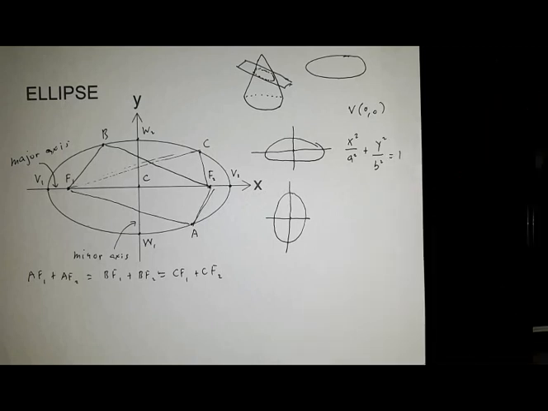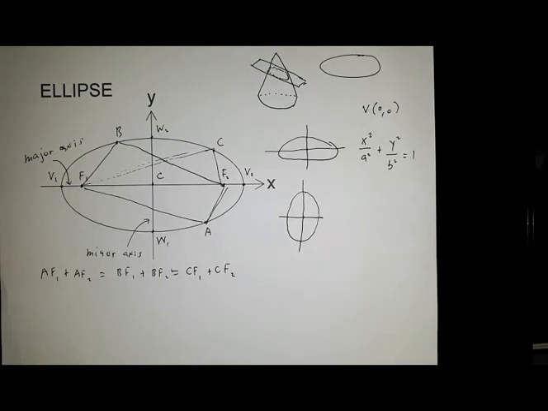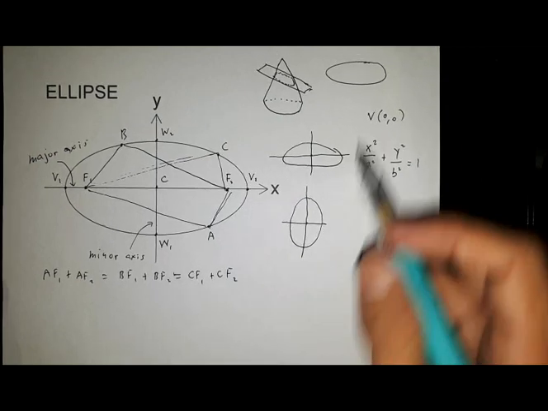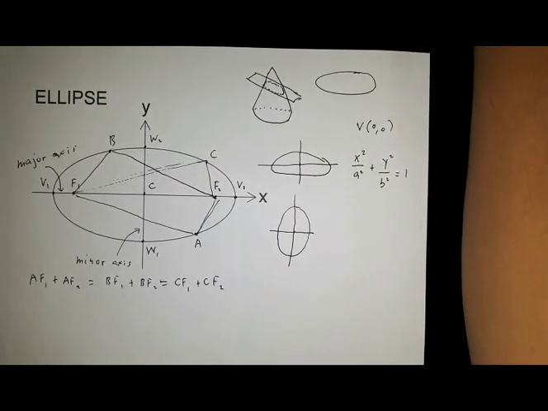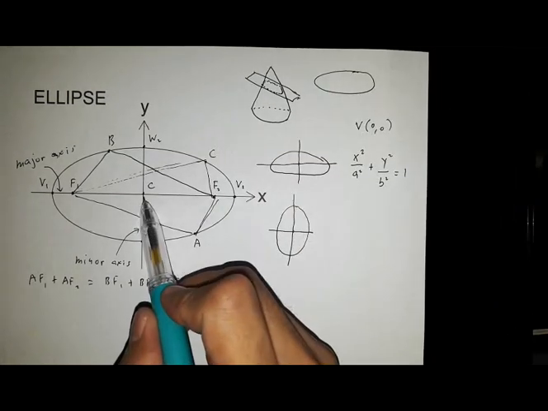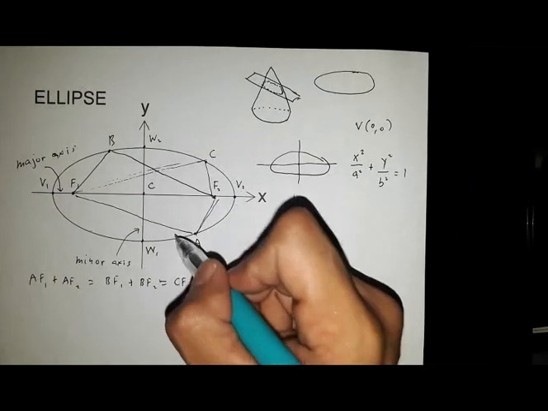So your a here is the distance from the center to the vertex.